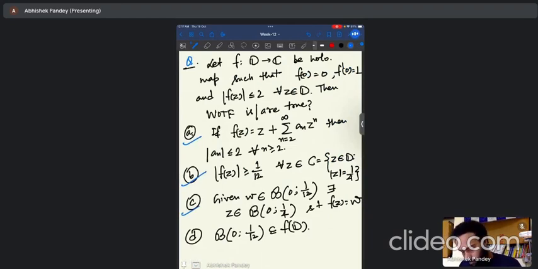Obviously, this ball is going to be contained in f(D). Why? This we have already seen.